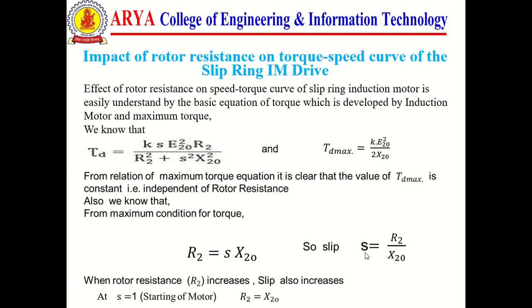From the previous video we know that if slip is changed, then the speed of the motor is also changed. At the starting of the motor, slip is always maximum, that is S equal to 1. So the value of R2 equal to X2. This is the condition for maximum torque.